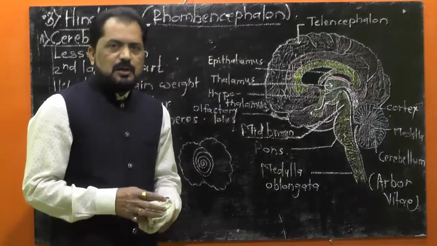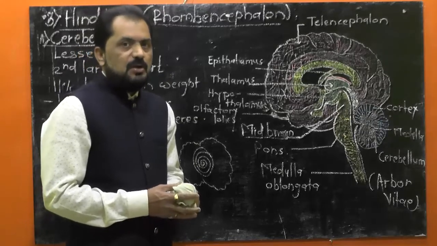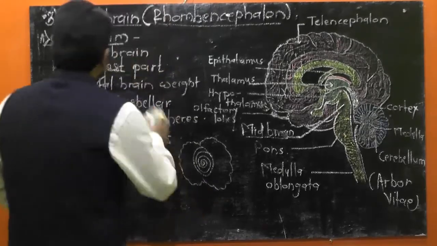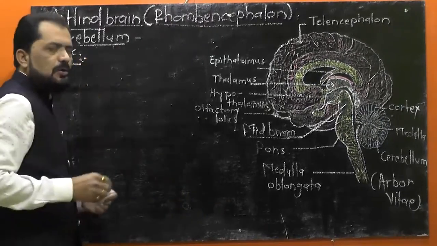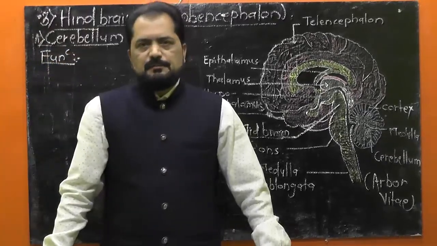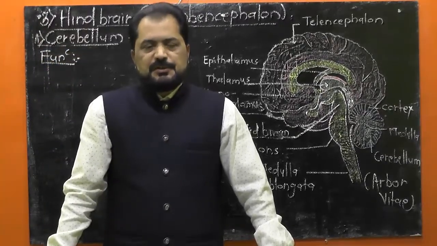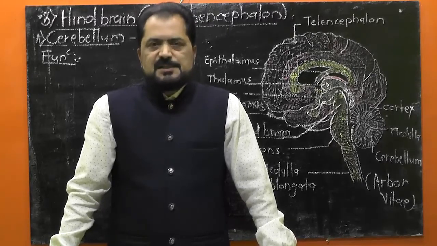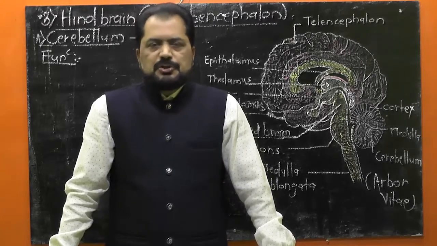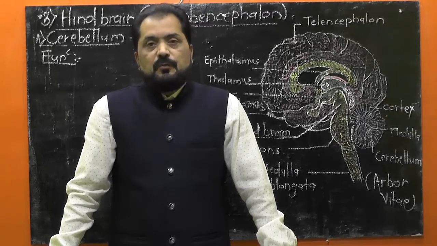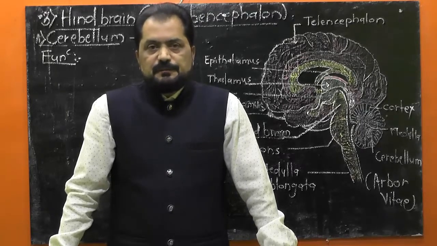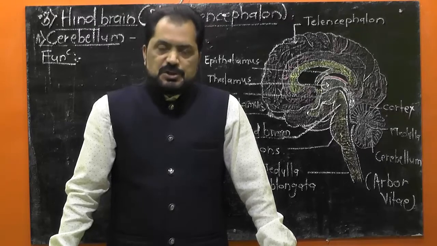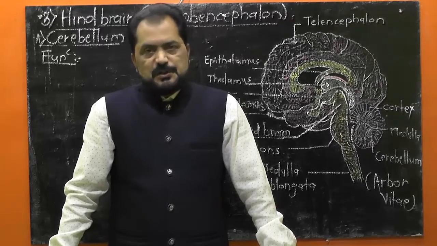Now let us talk about the role or function of cerebellum. Cerebellum is an important center for equilibrium, balancing, orientation, moderation of voluntary muscle activities, to maintain the posture as well as muscle tone.